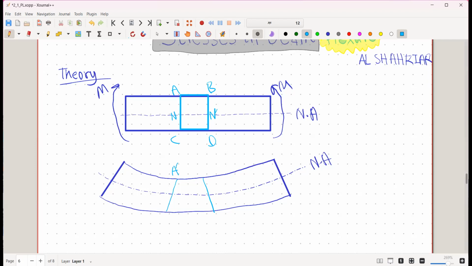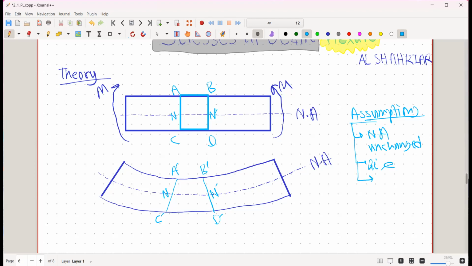So this will become A dash B dash C dash D dash. And the neutral axis remains the same, because there are some assumptions here: that the neutral axis remains unchanged, and the material is homogeneous, isotropic, and elastic.